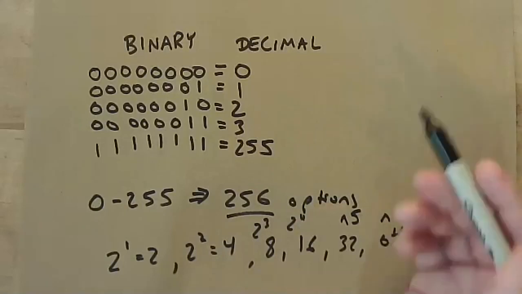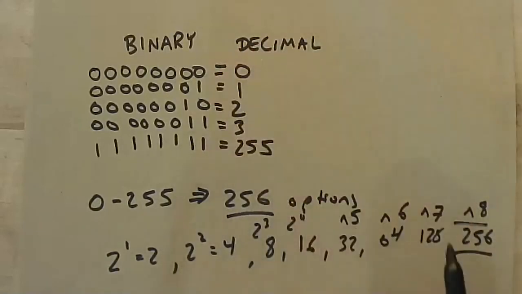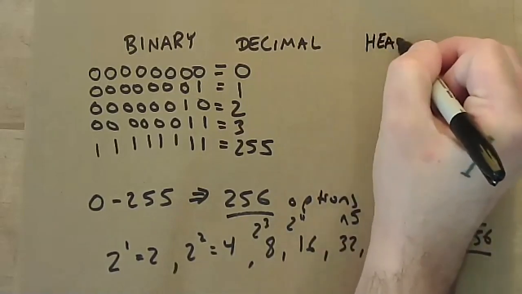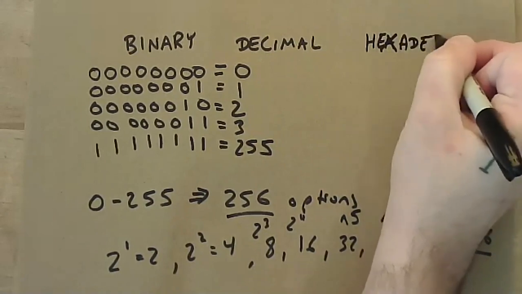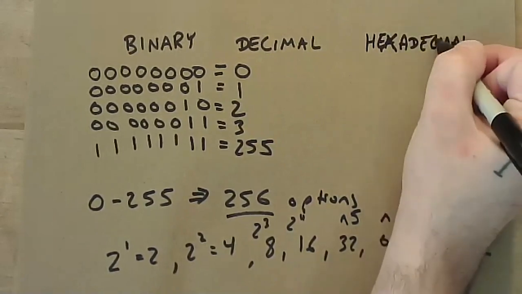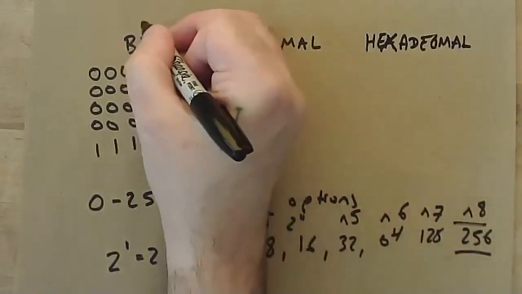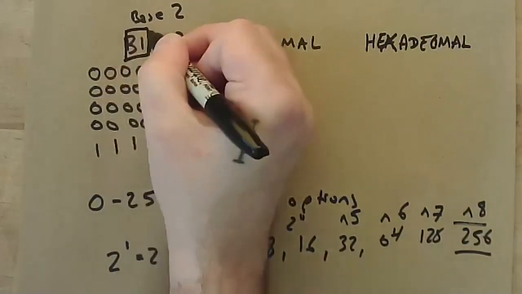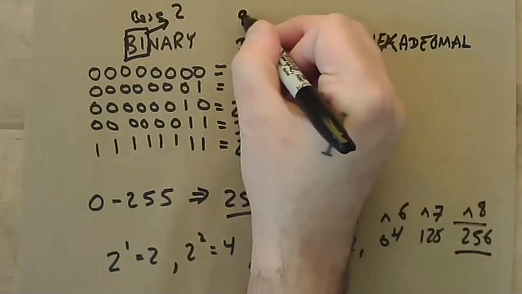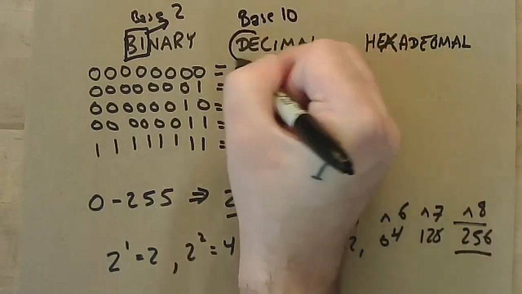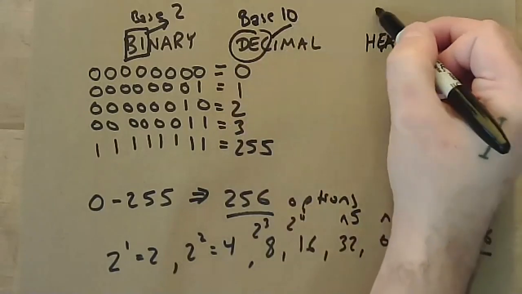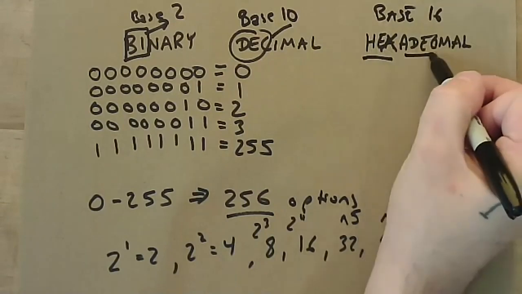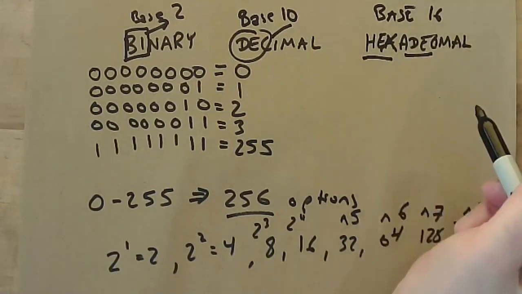However, this FF situation is in something called hexadecimal. This is base 2, binary. This is base 10, decimal. This is base 16, hexadecimal: hex is 6, dec is 10, 10 plus 6 is 16.